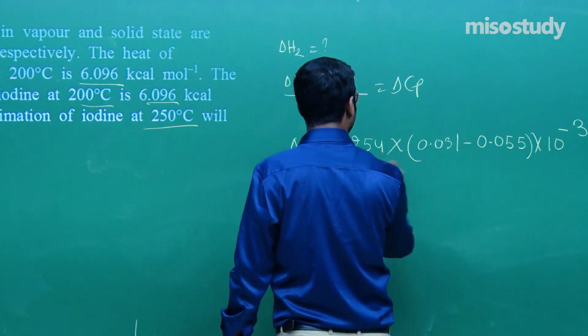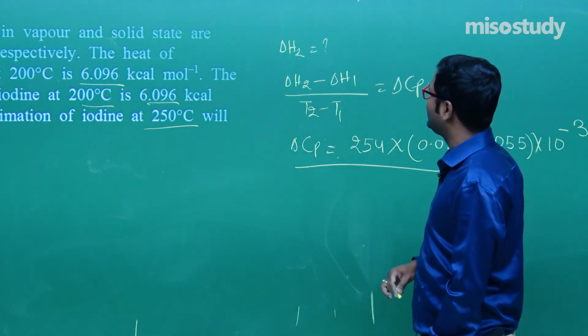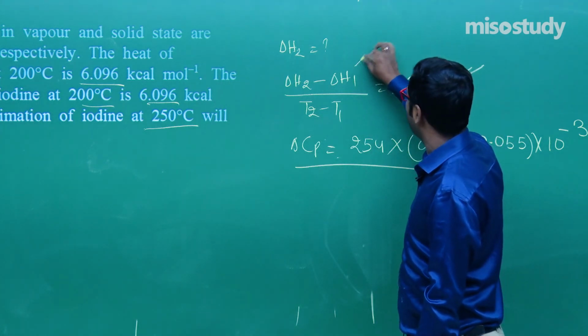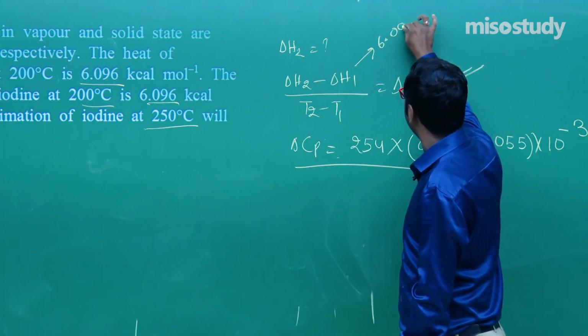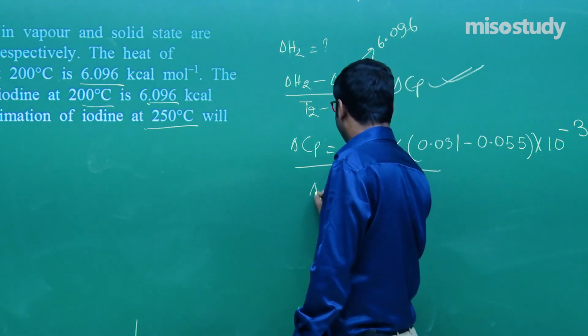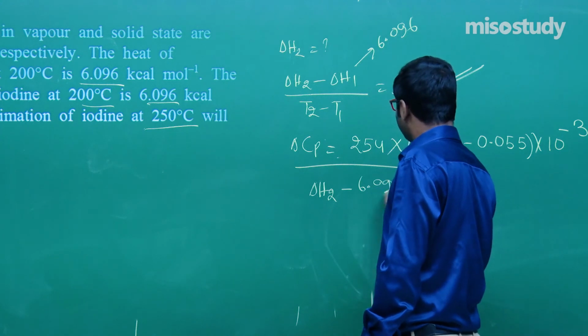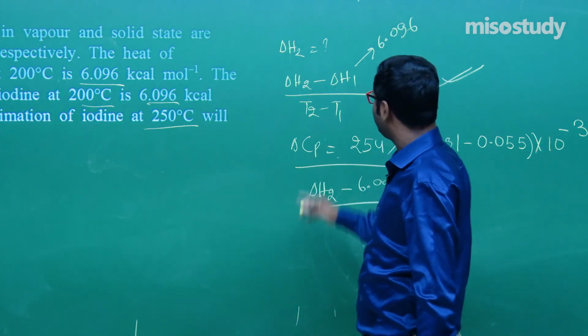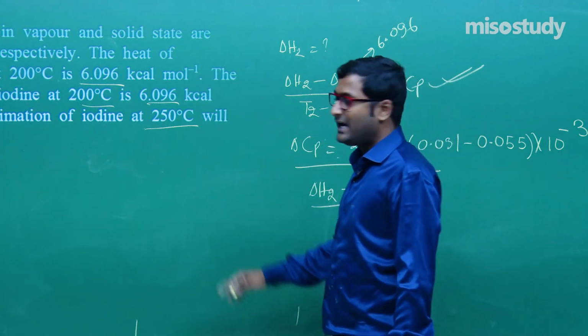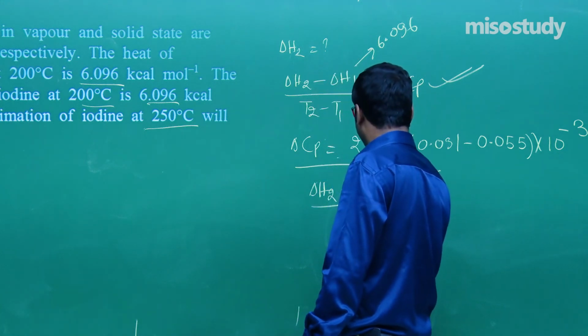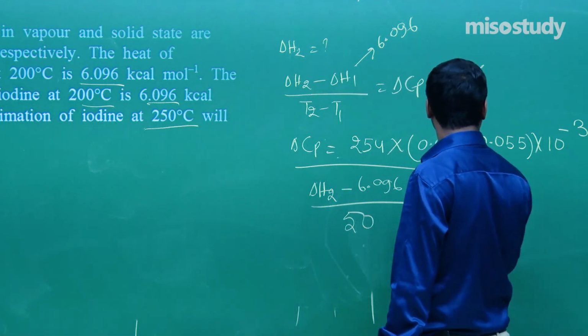That is delta Cp. If you put this value of delta Cp and delta H1 is given 6.096, put this value, delta H2 minus 6.096. Clear? And what is T2? T2 is 250 and T1 is 200, that is 50, is equal to delta Cp.